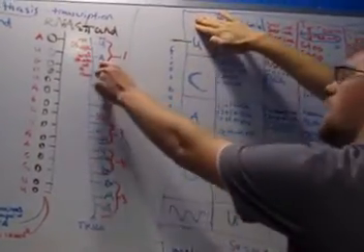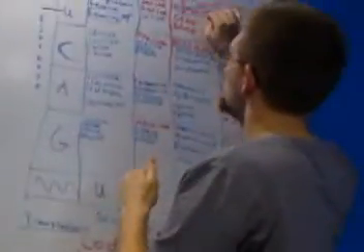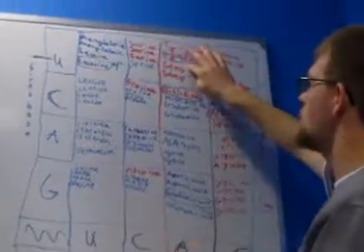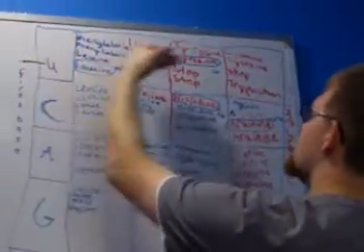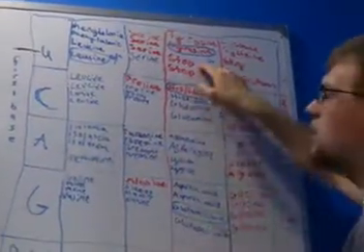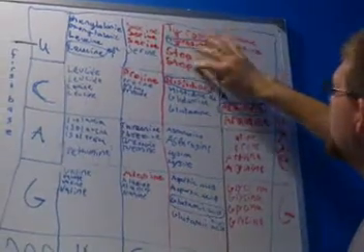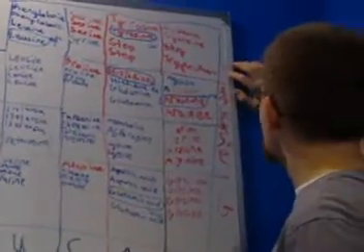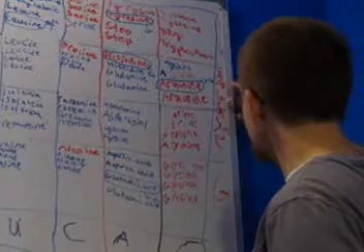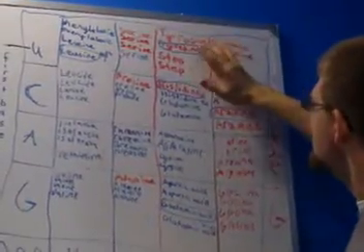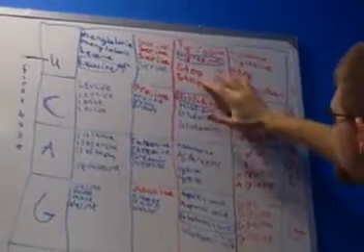Second base, A. You come down to the bottom, find the A, and go all the way up to the U column, where they intersect. Each one will have U, C, A, or G.